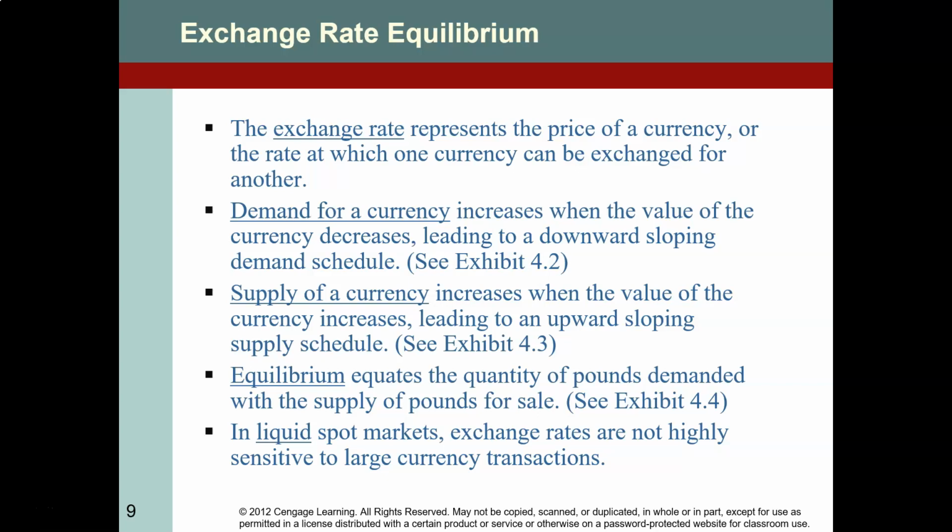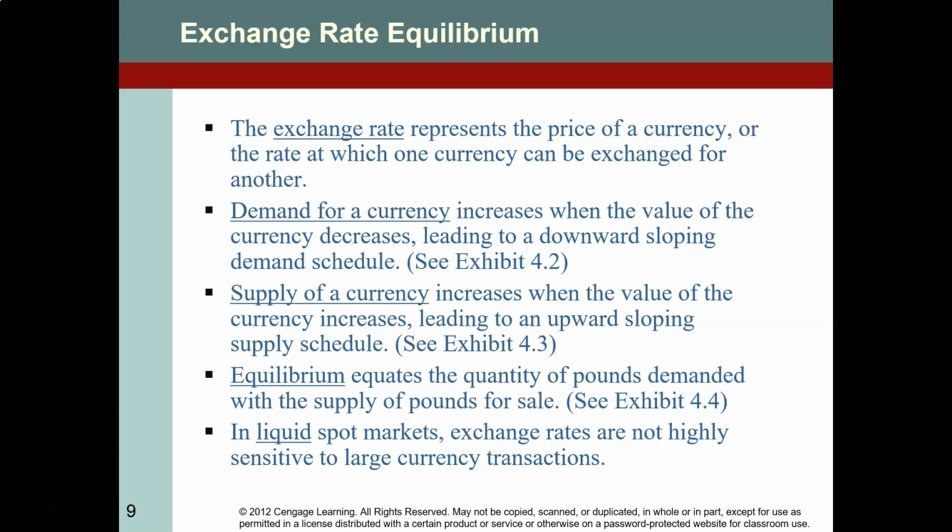Also, just like demand and supply theory, when the value of the currency decreases, it means the currency becomes cheaper. So that's why the demand for the currency will increase. Just like when an apple becomes cheaper, the demand for an apple will increase. This will lead to a downward sloping demand curve.